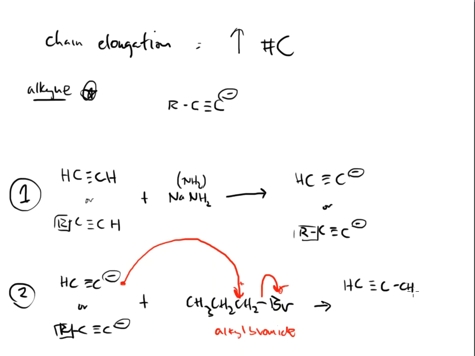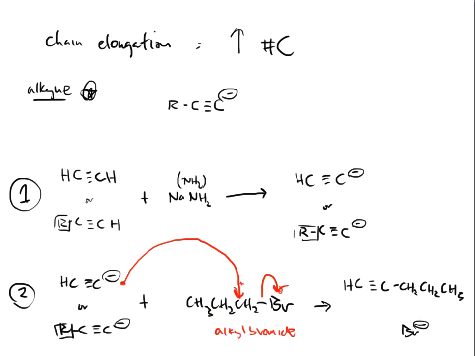So there's the CH2 for that one, and then the CH2 from that molecule, and then we ended it with a CH3. We have just elongated the chain. And then we've added this bromine as like a side product that just kind of floats away because we don't really care about that. We don't do anything else with it at this point.